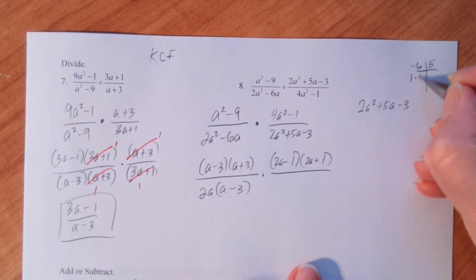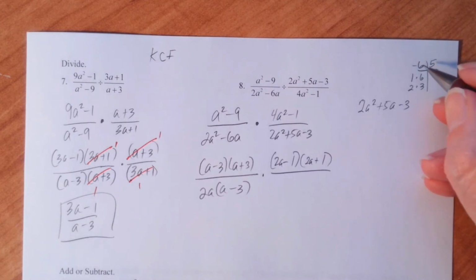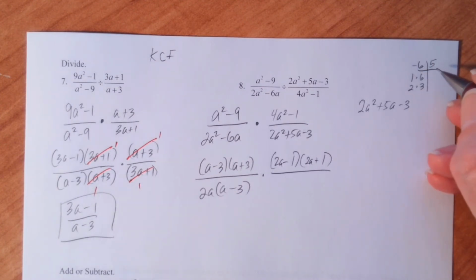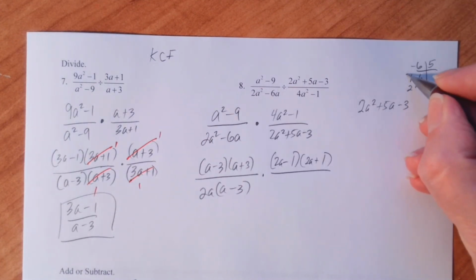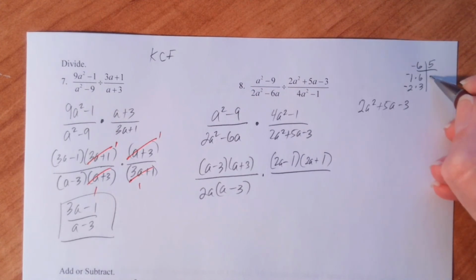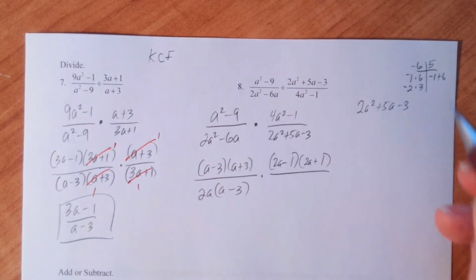Now your only options are 1 and 6 or 2 and 3, but they need to have opposite signs since they multiply to a negative, and they need to add to a positive, so keep your bigger numbers positive and your smaller ones negative. Notice negative 1 plus 6 is going to give you the 5 you need, and of course negative 1 times 6 is negative 6.